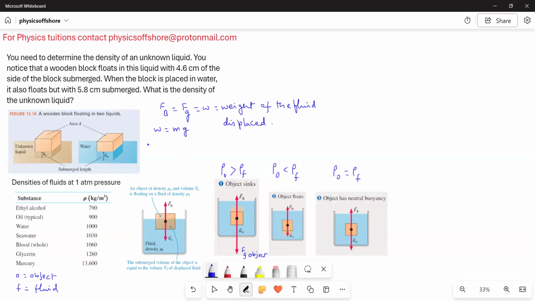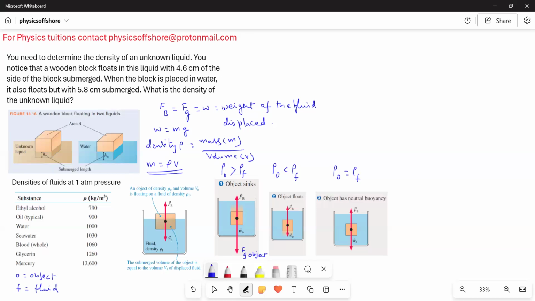And density rho is equal to mass by volume. From this we can find out m is equal to rho V. Now, here we will write the equation.